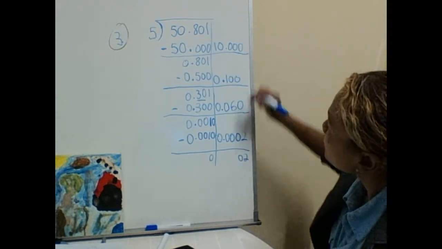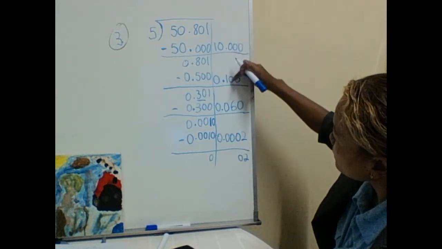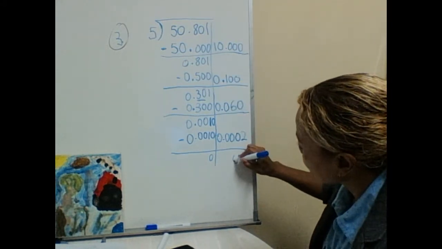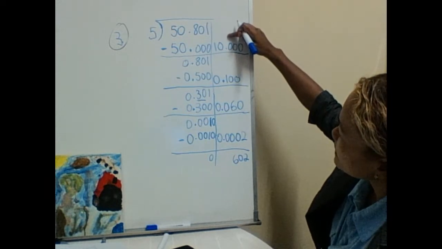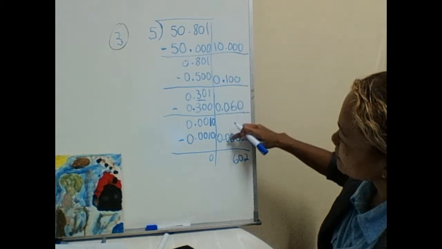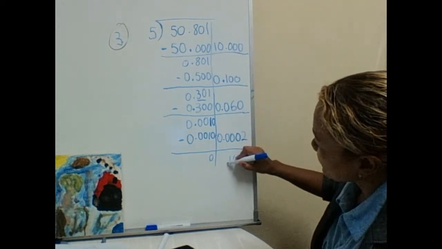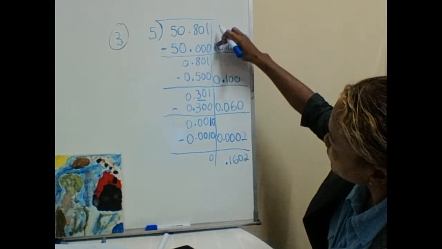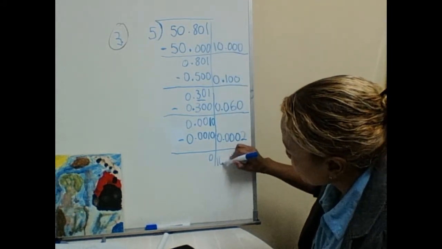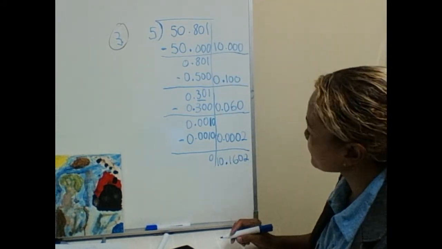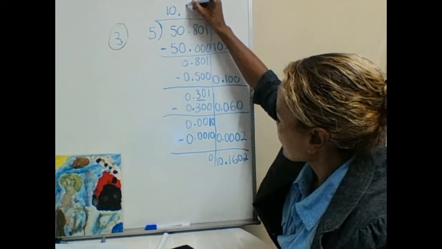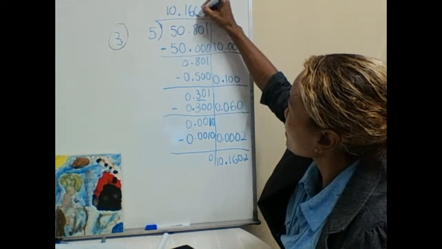This is 0. 2 decimal places before. 0, 0. 6, then the one just before the decimal point, 0 plus 1 plus 0 plus 0, it's just 1. Then you hit the decimal point, and then we have 10. All right, so according to this, the answer is 10.1602.